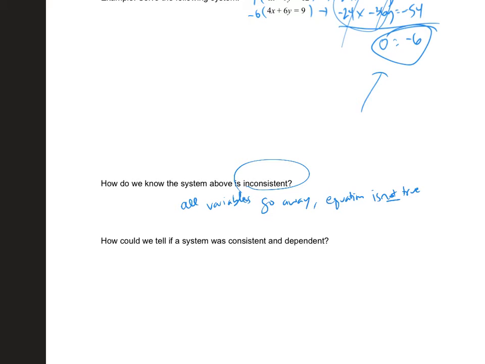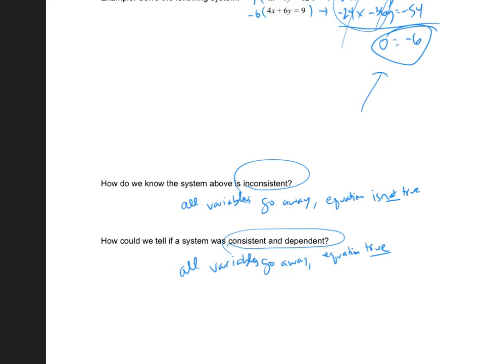There's no solution. Whereas if you went through this and all your variables went away and what you're left with is true, something like 0 equals 0, or -6 equals -6, or 12 equals 12, then it's consistent and dependent and therefore has infinitely many solutions.